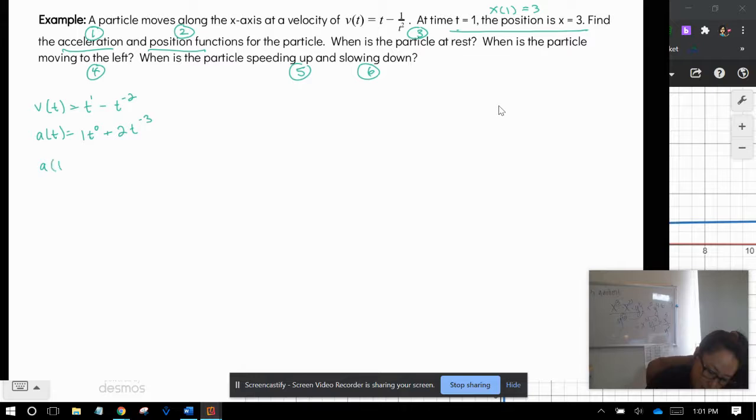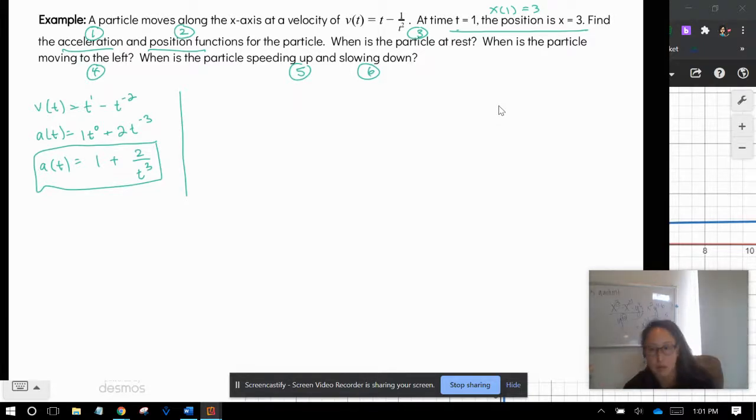So the acceleration is equal to 1 plus 2 over t cubed. Part 1, done.